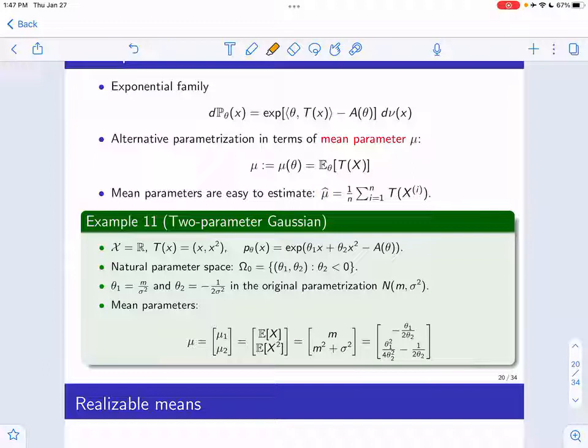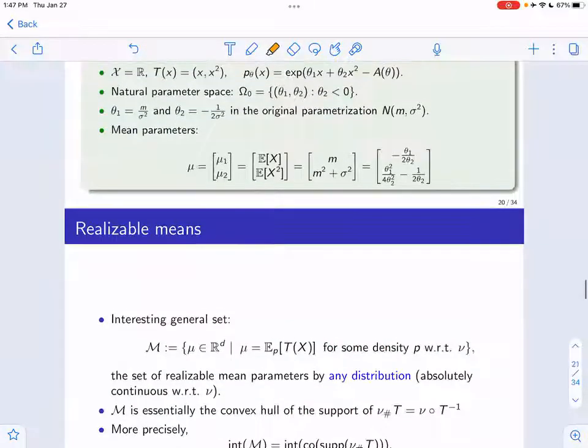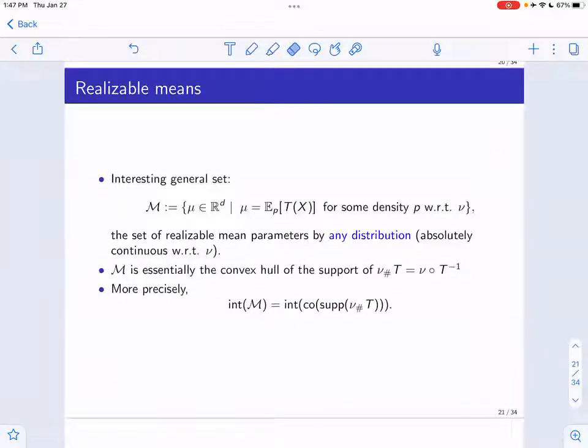And then there are some interesting properties about these mean parameters. The idea that I'm going to try to express in this slide later is that basically any set of mean parameters that you can realize with a continuous density can be realized by an exponential family. And in fact, it can be realized in the most random fashion. That's the maximum entropy principle.